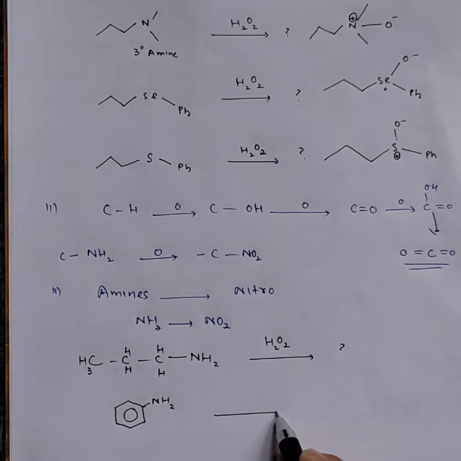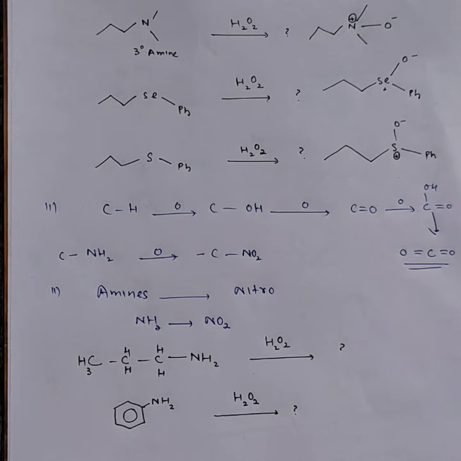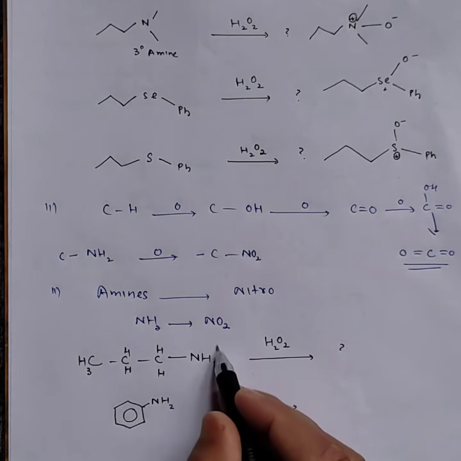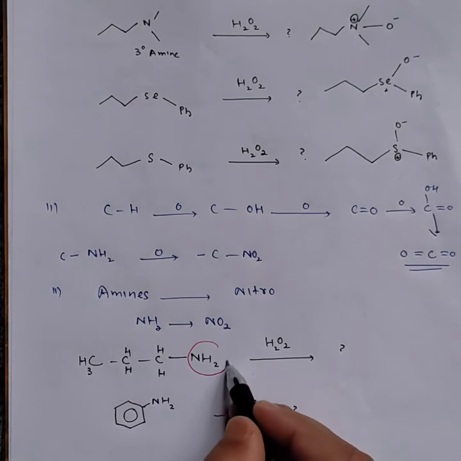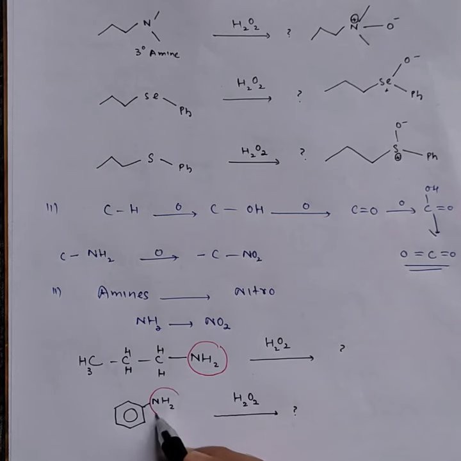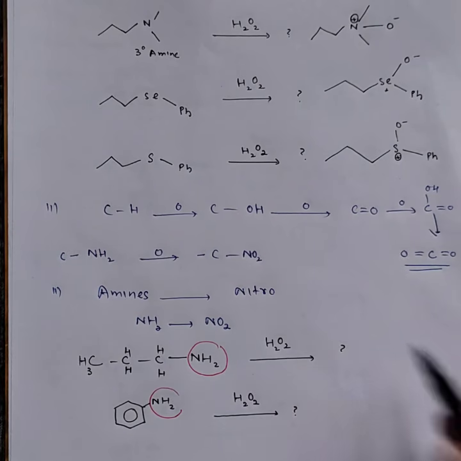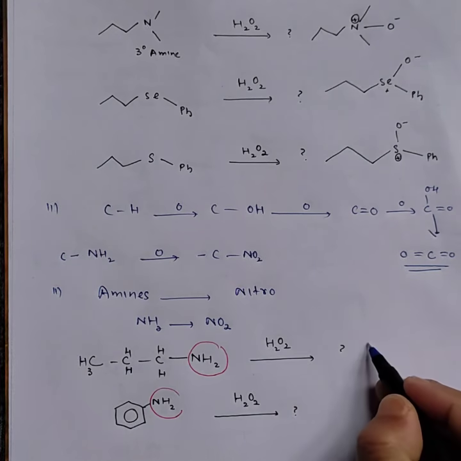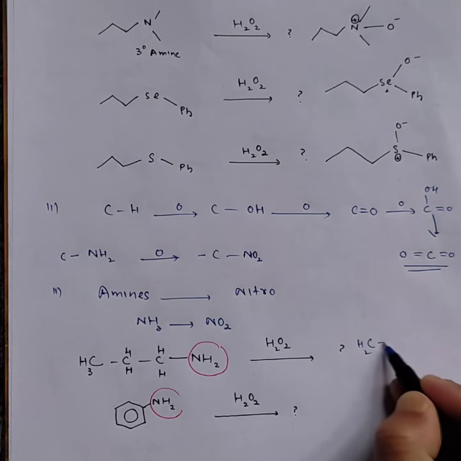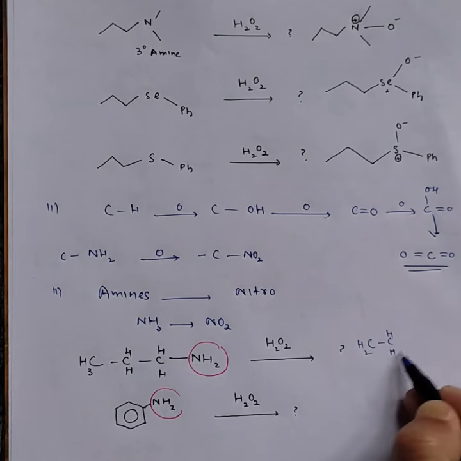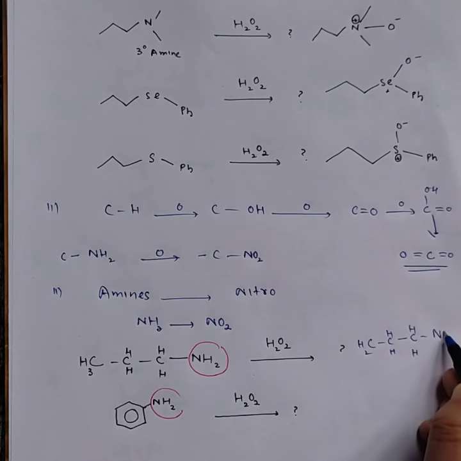Same is the case here. You treat this with the peroxide and then check what is the compound formed. So it's very simple that it will oxidize this amine group into the next level of oxidation, that is the nitro. Same is the case here. So your product will be CH3, CH2, CH2 and your NO2.